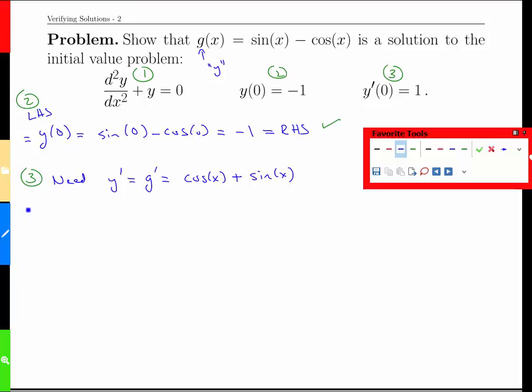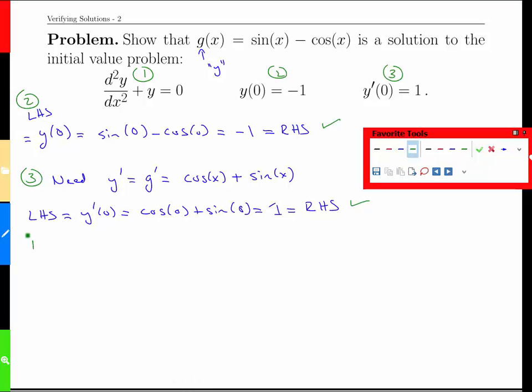And then we can sub in our values for the left-hand side of equation 3. That's y prime at 0. That'll be cos of 0 plus sine of 0. Cos of 0 is 1, sine of 0 is 0. And we get a value of 1 out of that, and yes, indeed, that equals the right-hand side of equation 3. And so we get a check mark for that.